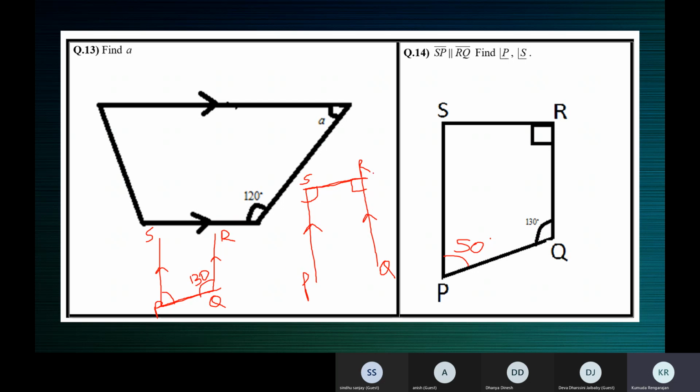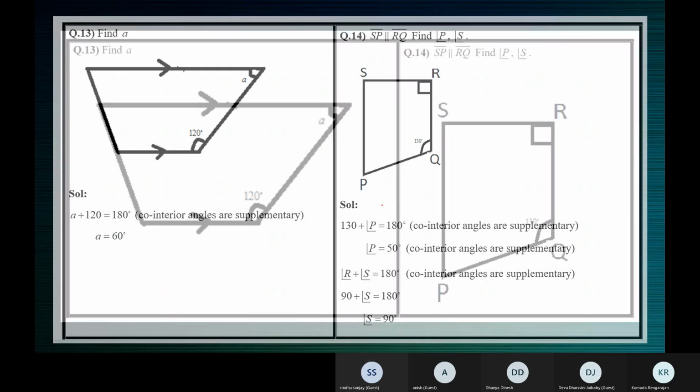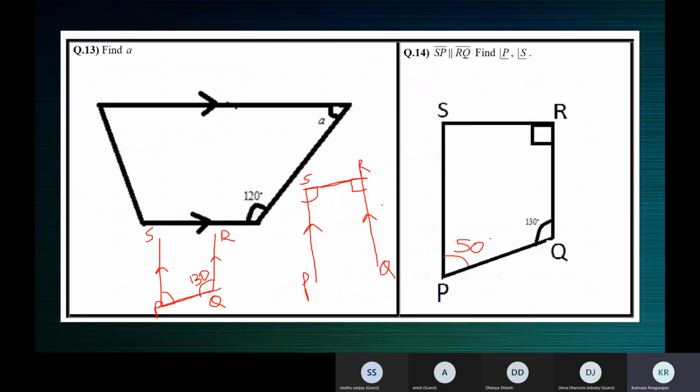When you take SR as a transversal, you can find angle S, 90 degrees. Take a screenshot of this also so that you can see the parallel lines and the transversal.